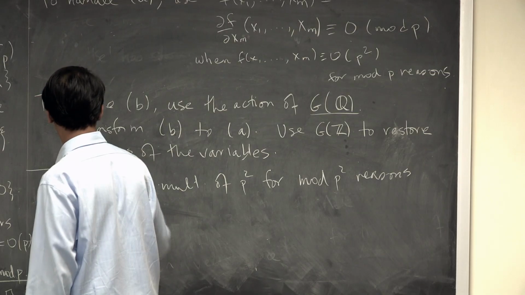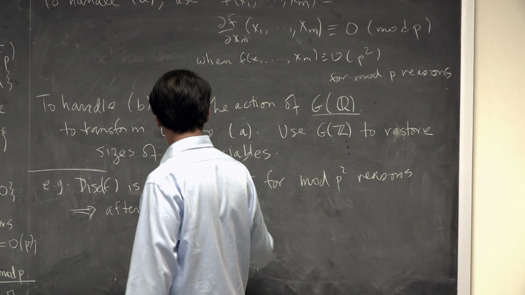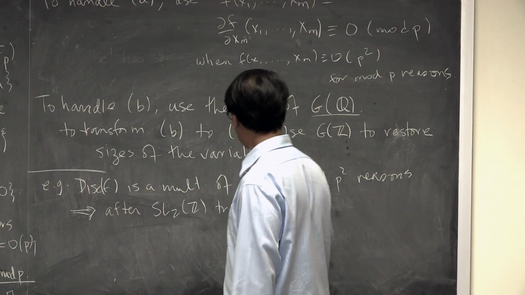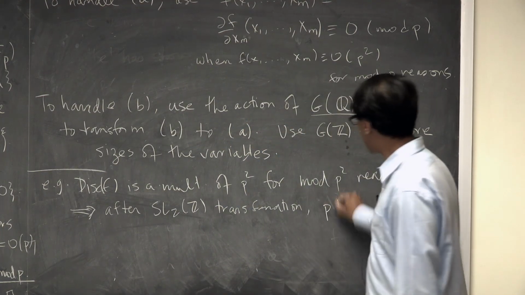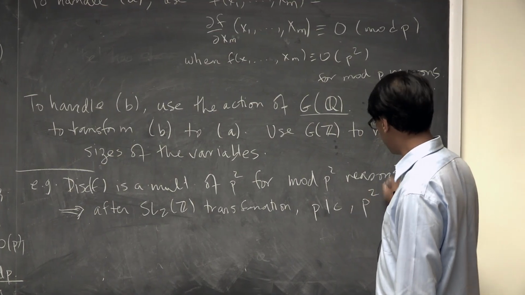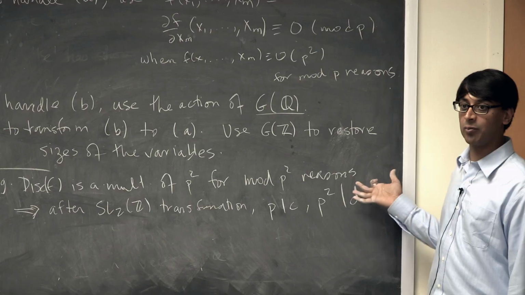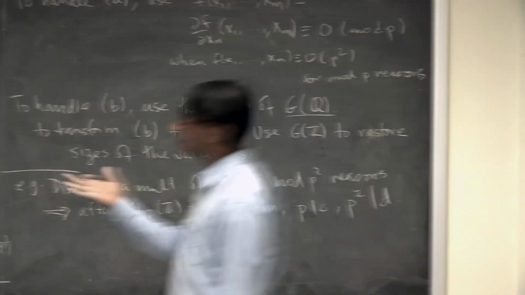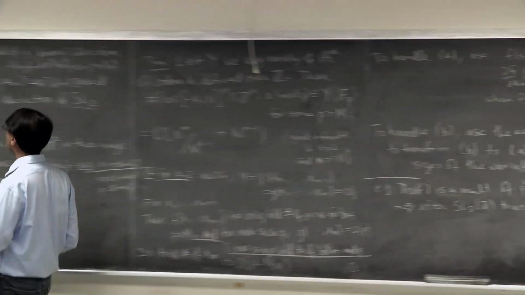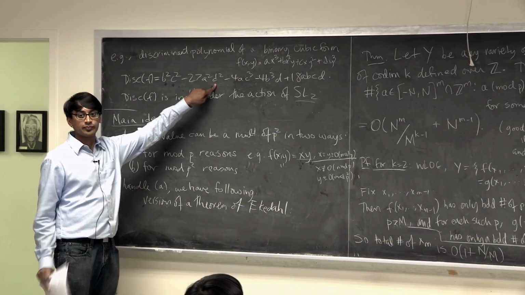It implies that after an SL2(Z) transformation, p divides c and p squared divides d. So this is exactly the situation. So you analyze the polynomial and you work out when it's a multiple of p squared for mod p squared reasons. It turns out for this polynomial, it happens exactly when p divides c and p squared divides d.